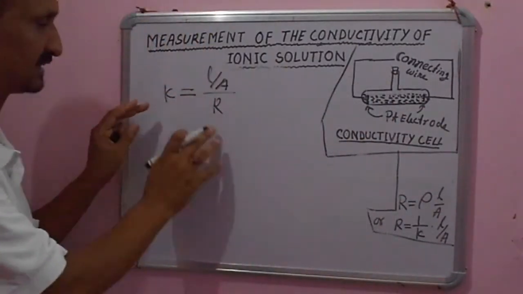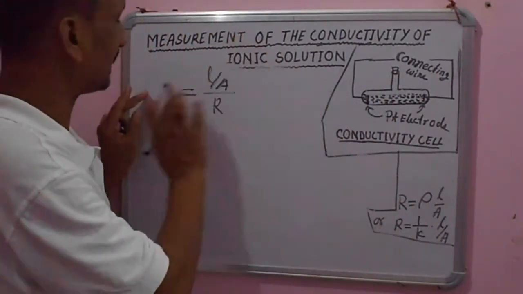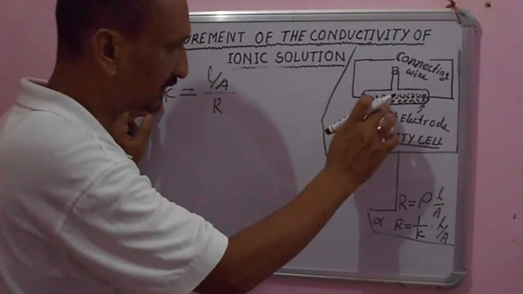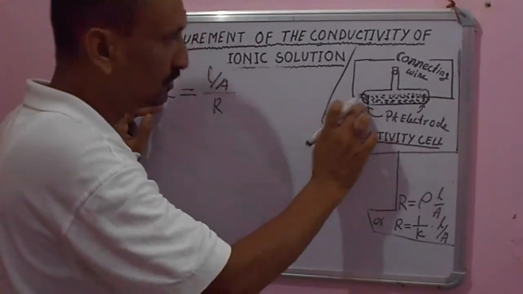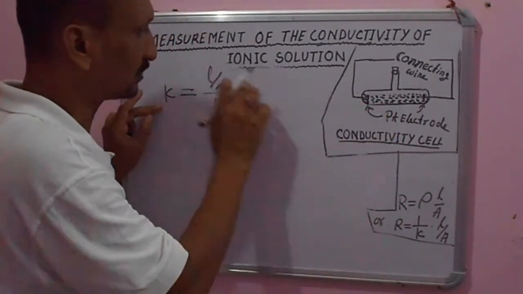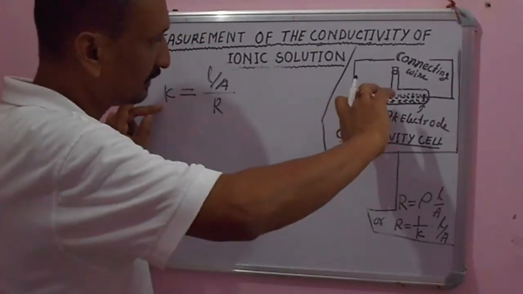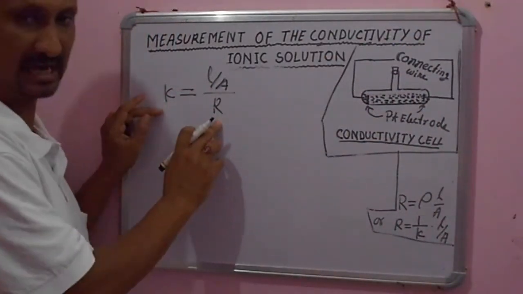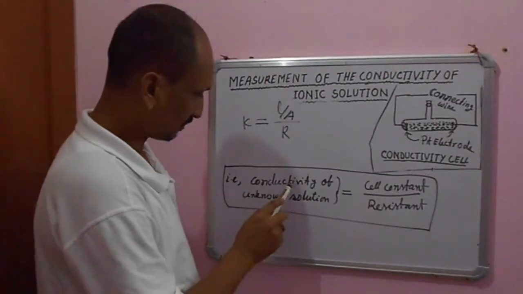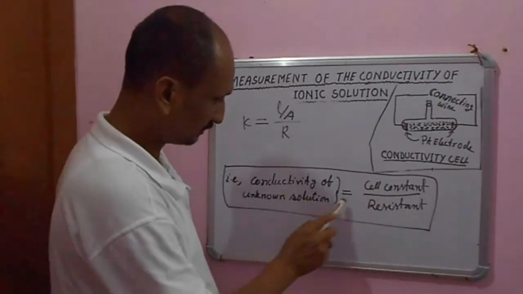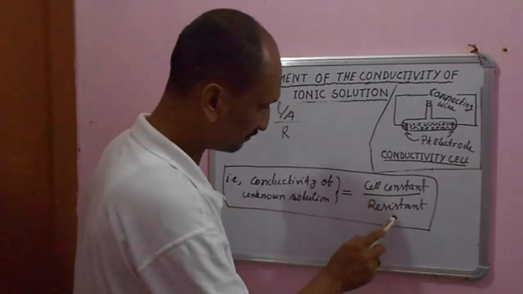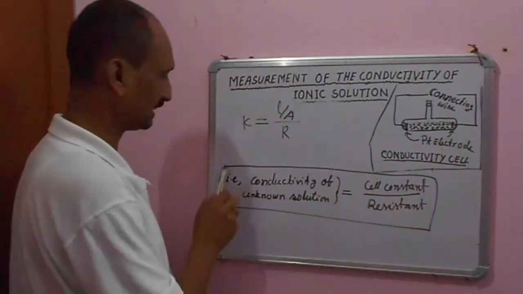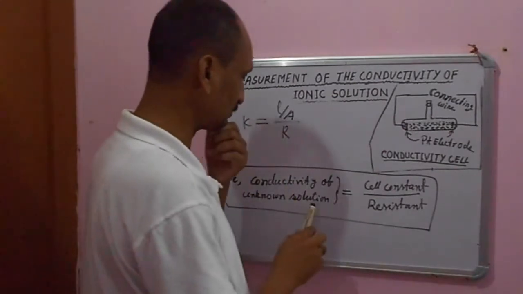That is, the conductivity of the unknown solution is equal to the cell constant divided by resistance. So this way we can measure the conductivity of an unknown solution.